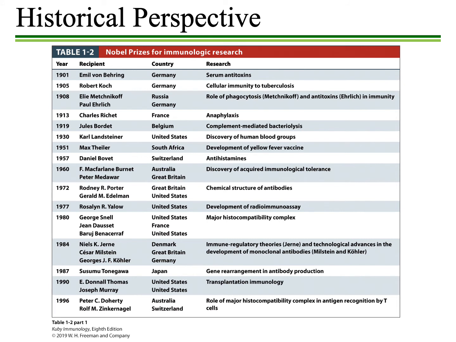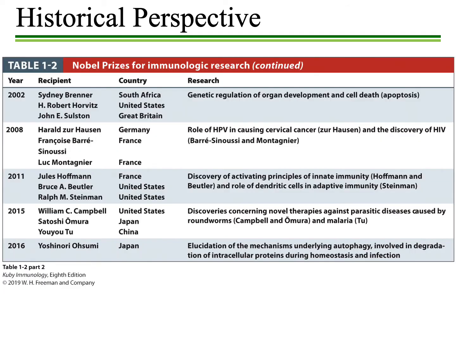This table comes from your book and just gives you some idea of individuals, scientists that have won Nobel Prizes for their immunologic research. And by all means, this is not a complete list, but it does include several key scientists and their contribution overall to the study of the immune response.